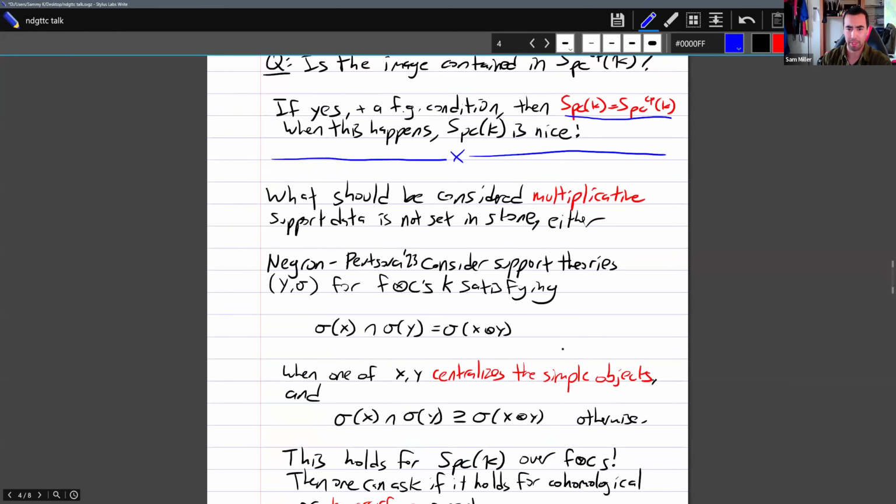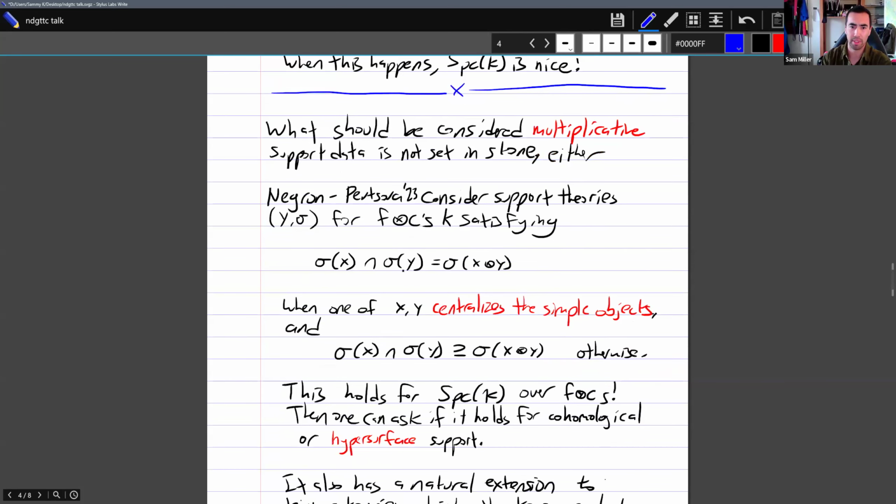So, for example, Negron and Pitsch in 23 also have considered support theories for finite tensor categories K, and more generally, this could be extended to monoidal triangulated categories, but at least their work does need some of the finite tensor category assumptions.